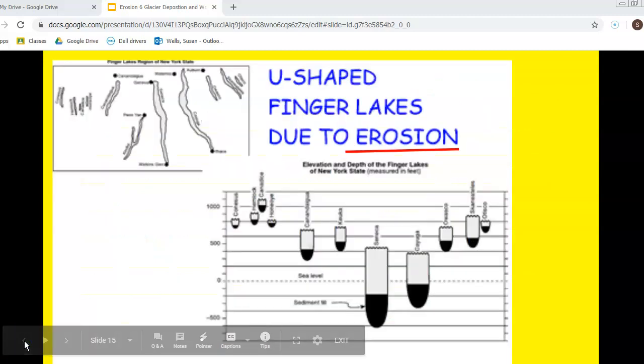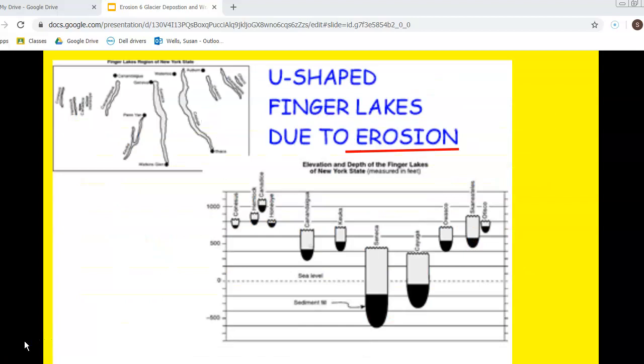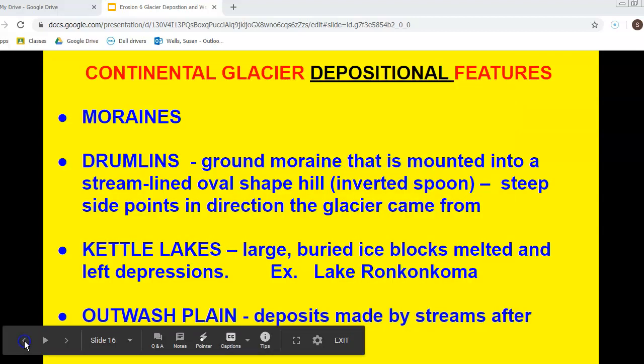As you can see, I've underlined U-shaped Finger Lakes due to erosion. We are going to be talking about another type of lake that is due to deposition, but these are due to erosion. They're very deep and they've been eroded away on the sides. So Finger Lakes are due to erosion.